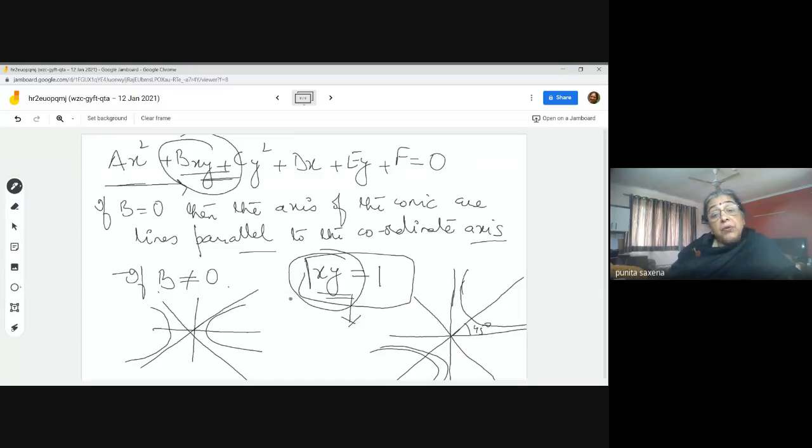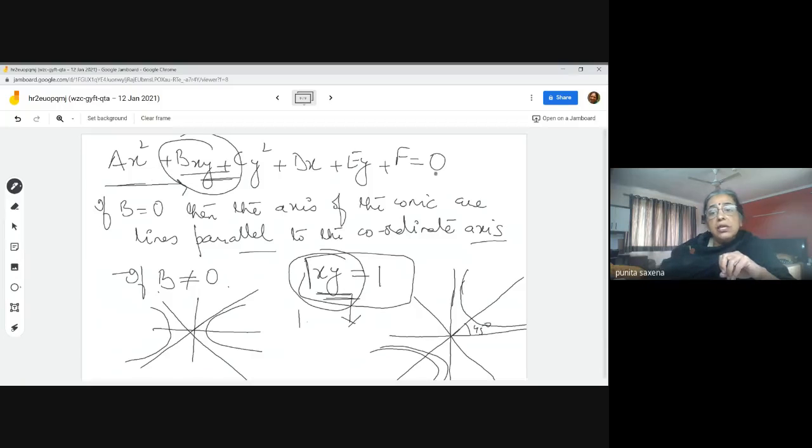In case of ellipse, we are going to have major and minor. In case of parabola, we are going to have just the axis. So what happens is that because of the presence of this term, the axes are neither the coordinate axes nor are they lines parallel to the coordinate axes. So that means the axes now are inclined to our coordinate system.